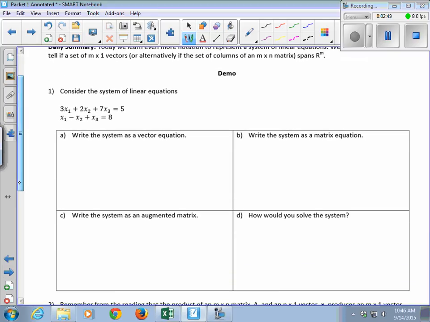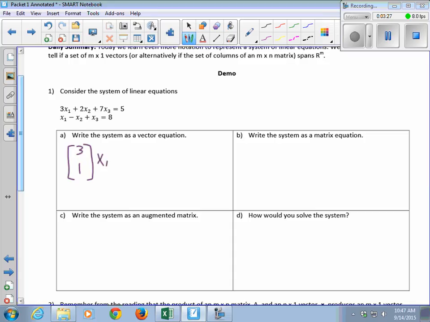Consider this system of equations: 3x1 plus 2x2 plus 7x3 equals 5, and x1 minus x2 plus x3 equals 8. We've got three unknowns, just two equations. I want to write it as a vector equation. How do I do that? Start with the vector 3, 1 with x1 as a weight.